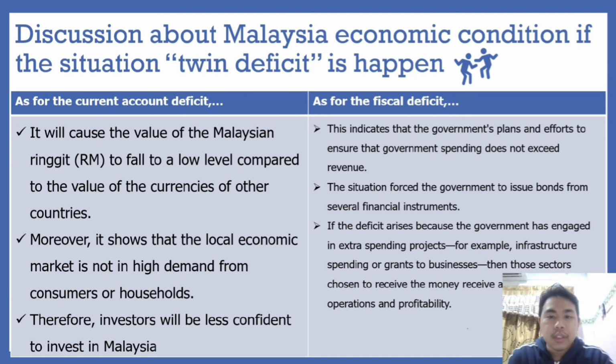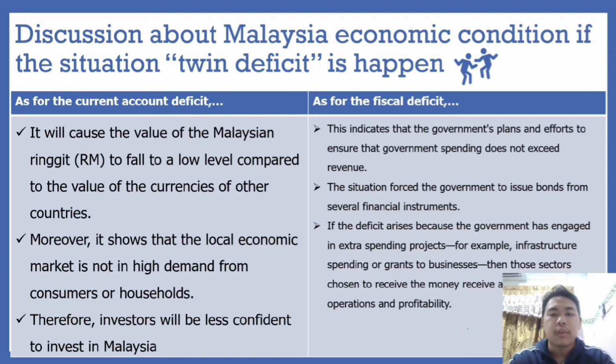Moreover, if the deficit arises because the government has engaged in extra spending projects, for example infrastructure spending or grants to business, then the sector chosen to receive the money gets it for operation and profitability.